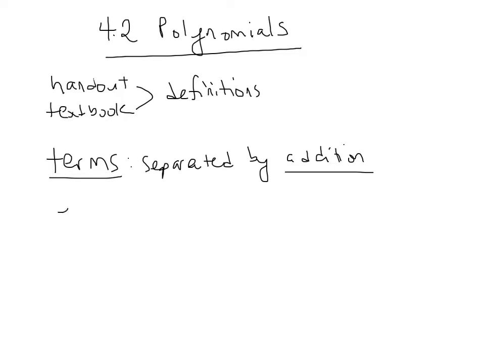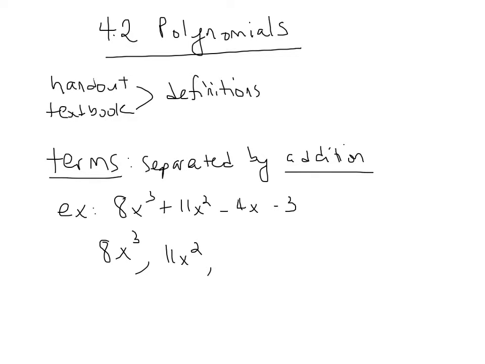So, for example, if I ask you to list the terms of the polynomial 8x cubed plus 11x squared minus 4x minus 3, you would say, okay, well, the first term is 8x cubed, the second term is 11x squared, the third term is negative 4x, and the last term is negative 3.